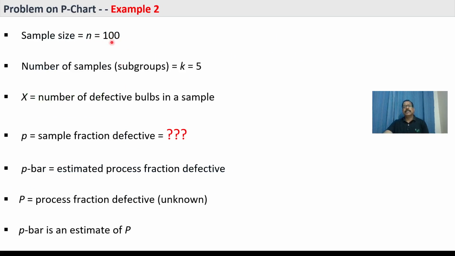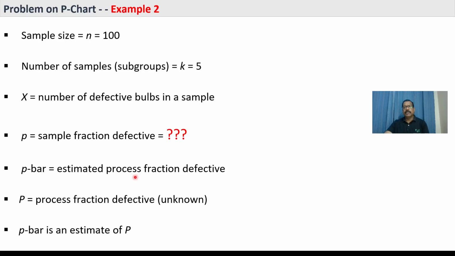Sample size n equals 100, number of samples, that is subgroups, small k equals 5, and x equals the number of defective bulbs in a sample. So for each sample of 100, the number of defectives is represented by x. We have to calculate the fraction defective.